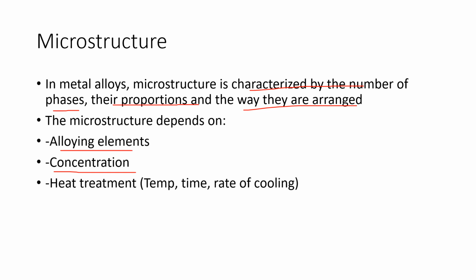The concentration matters, if the same two elements are mixed at different compositions. Heat treatment also matters. The heat treatment depends upon the temperature, time, and rate of cooling, like quenching, or different rates of cooling.